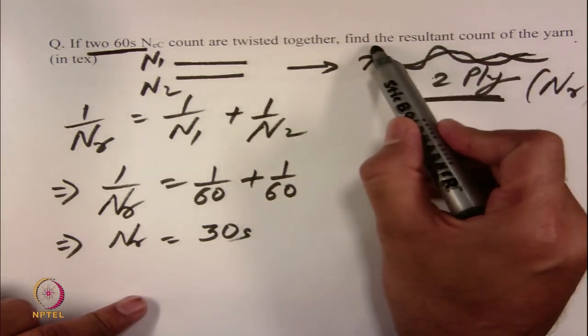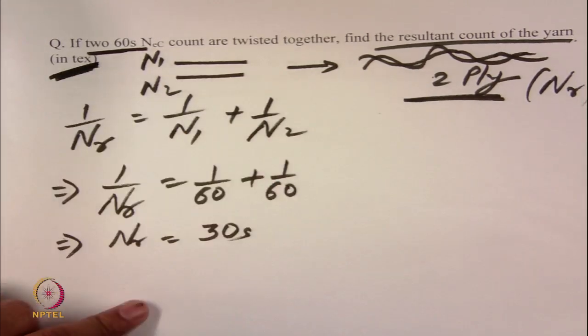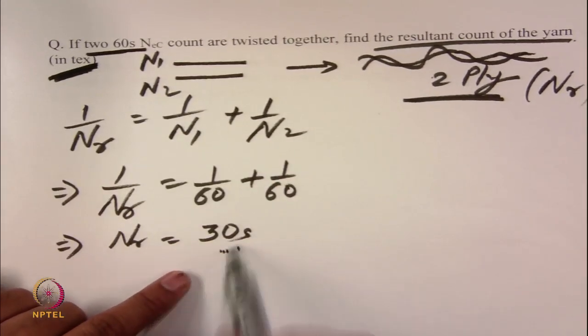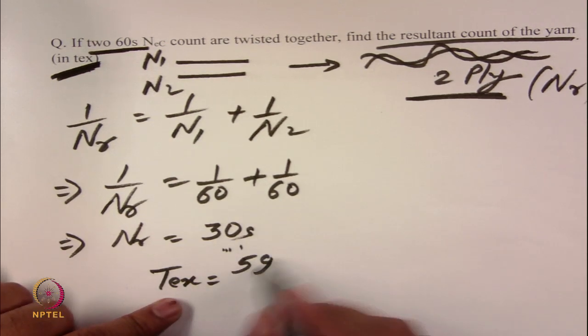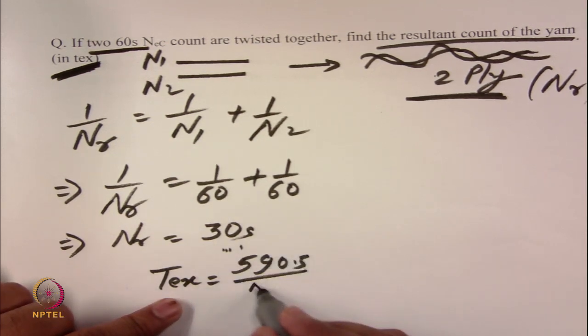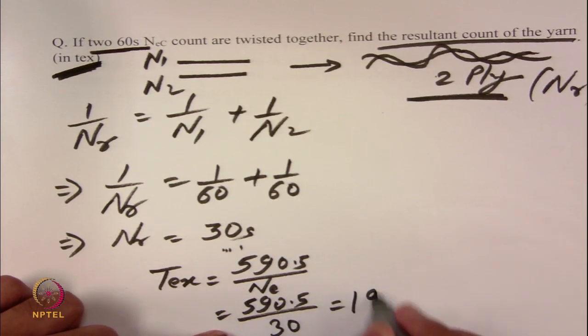Now, it is asking for the resultant count in tex. So, we have to convert this NE into tex. Tex is equal to 590.5 divided by NE, which is 30. So, this is equal to 19.68.